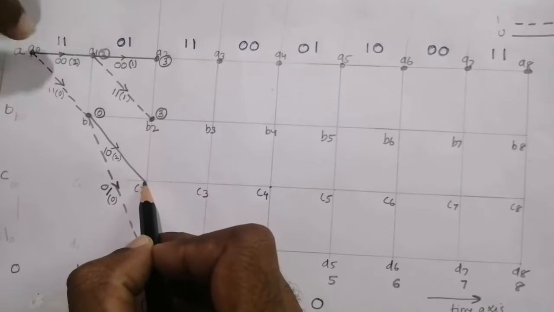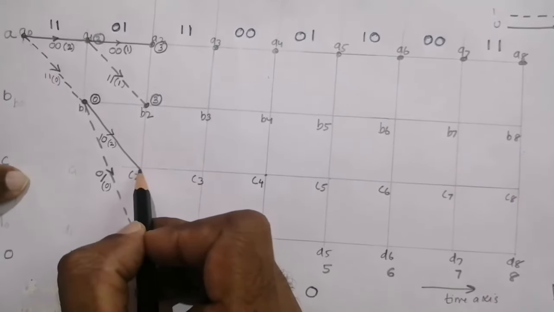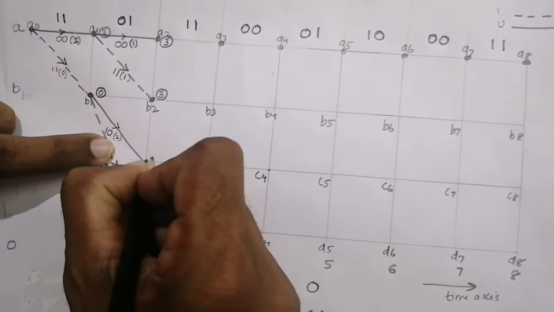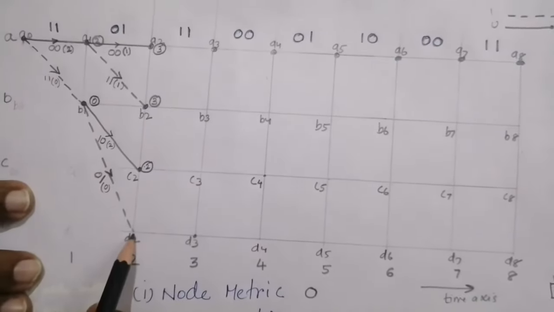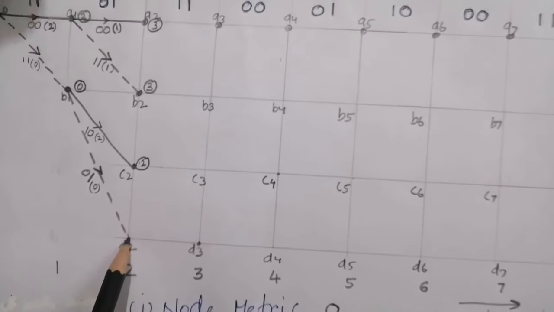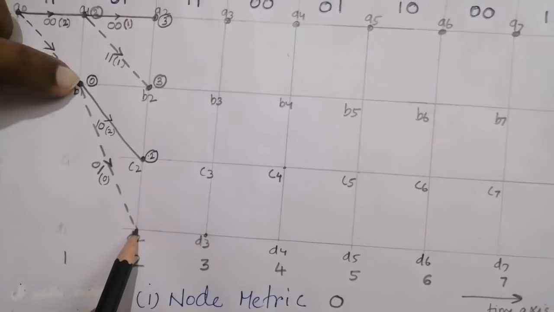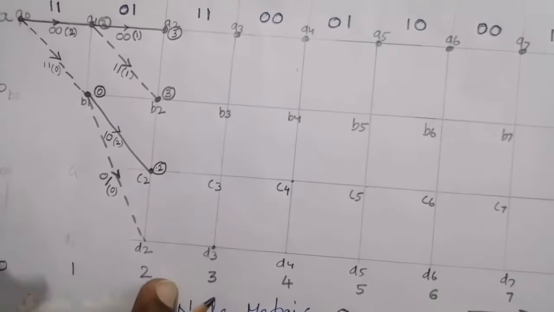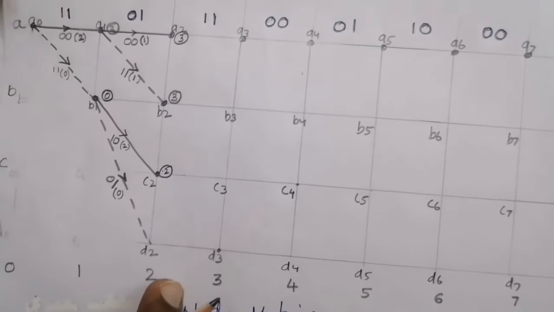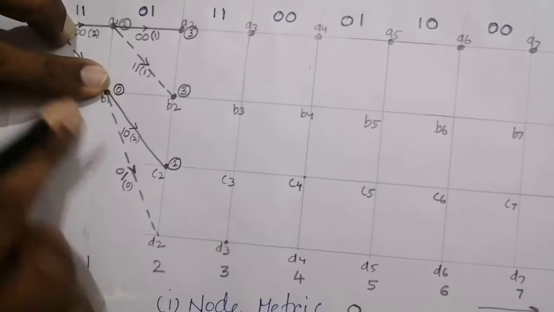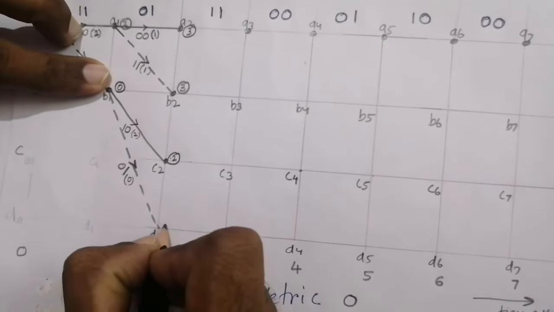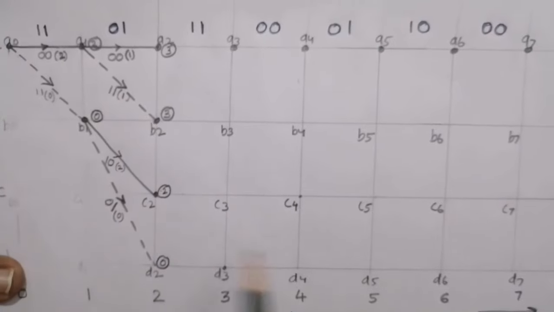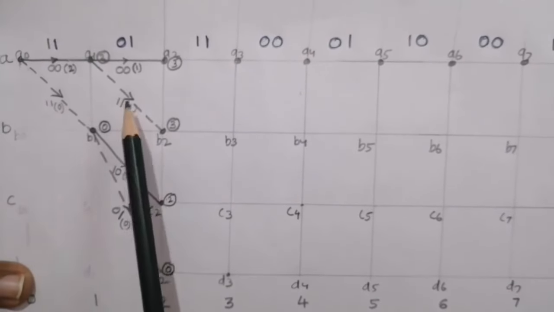So in this path, what will be the node metric at C2? Node metric is 0 plus 2. I will write like this. Now node metric at D2 is, so this is the total path. You just look at the previous node only. Up to the previous node we have the node metric, that is 0. 0 plus 0, this we will get as 0.